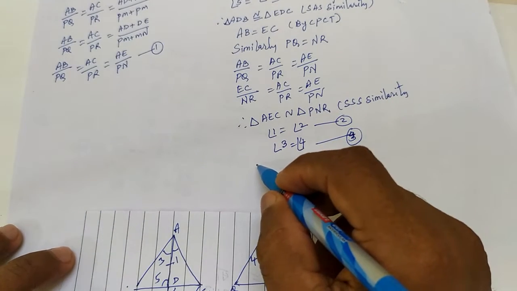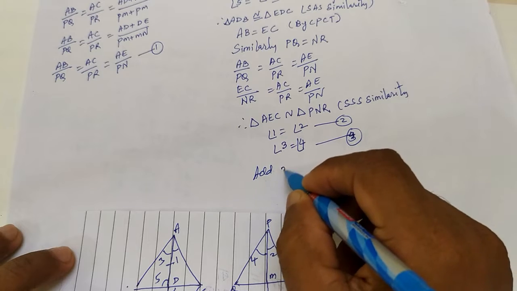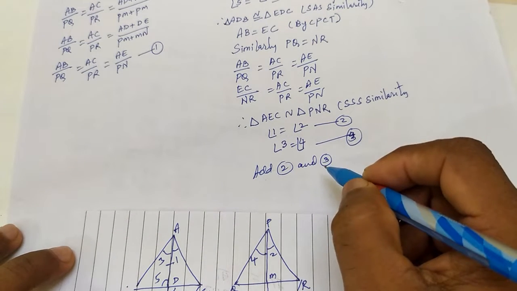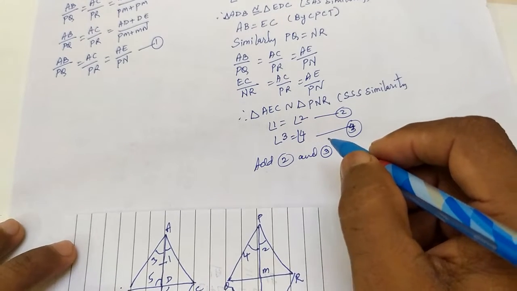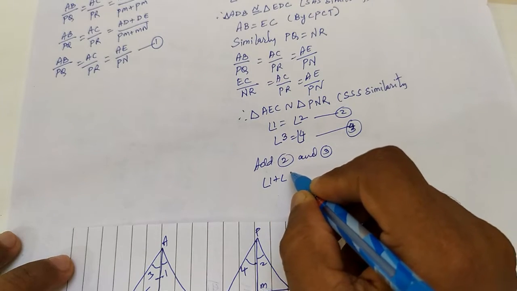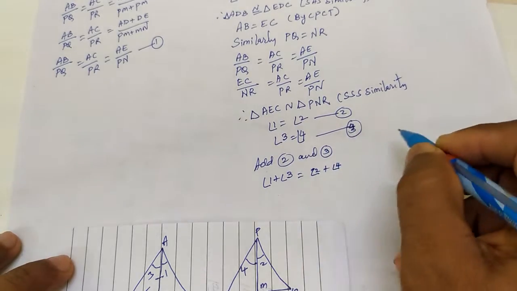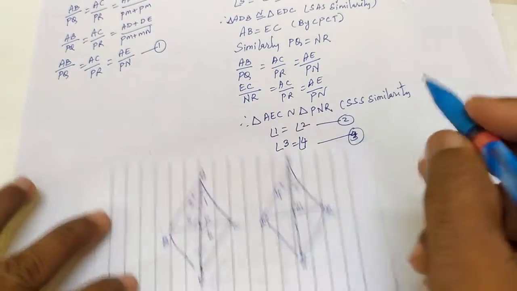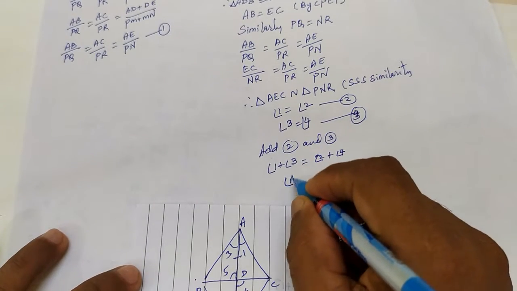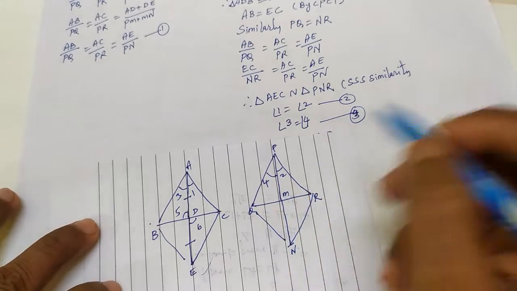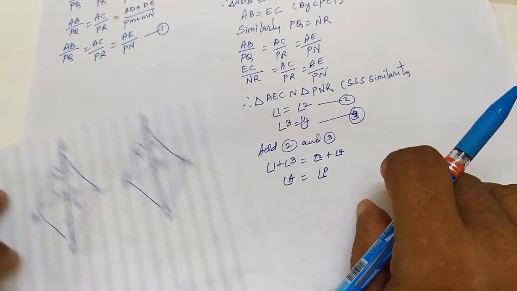So we will add statements 2 and 3. What will we get? Angle 1 plus angle 3 is angle 2 plus angle 4. And angle 1 plus angle 3 is angle A. Therefore angle A is equal to angle P, since 2 plus 4 is angle P.